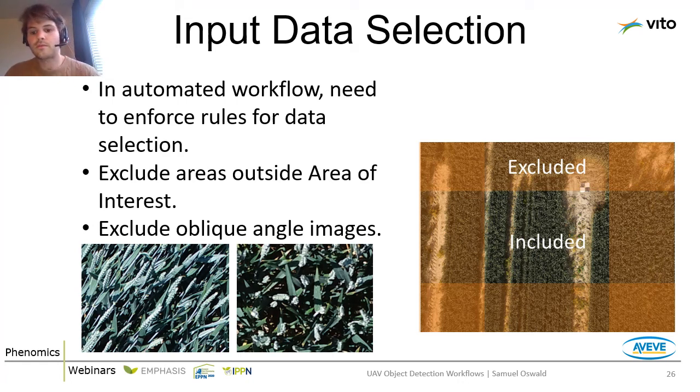And so it's important to exclude areas outside of the area of interest, for one, but also to exclude oblique angle images. You can see in the bottom corner that wheat heads in the wheat head case look very oblique at the edges, and this isn't something you want to be training your data on, since generally when you collect the data you will want to look more at the center of the image, where you can also better georeference what you're looking at.